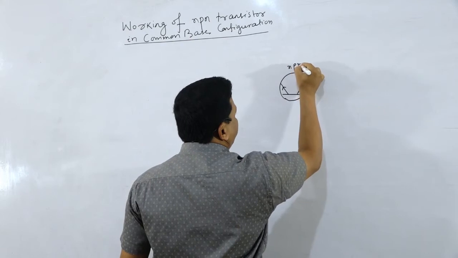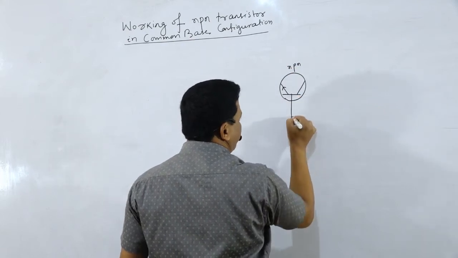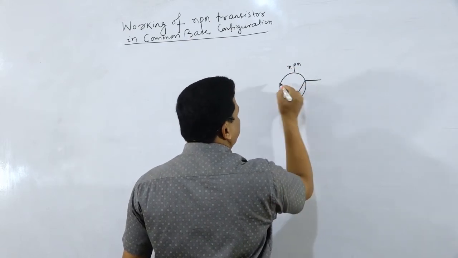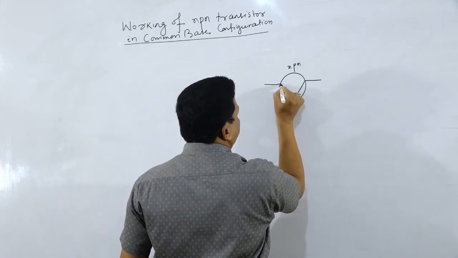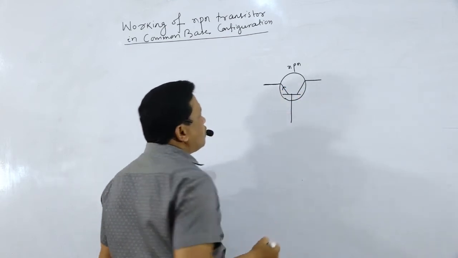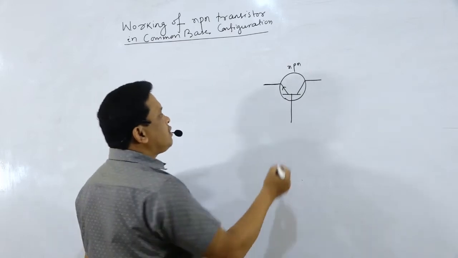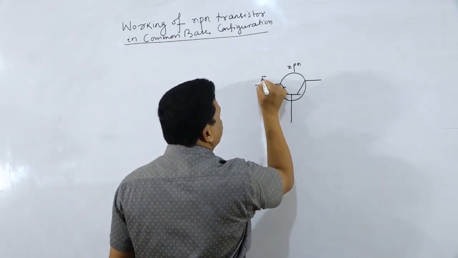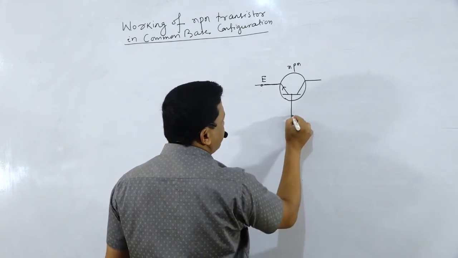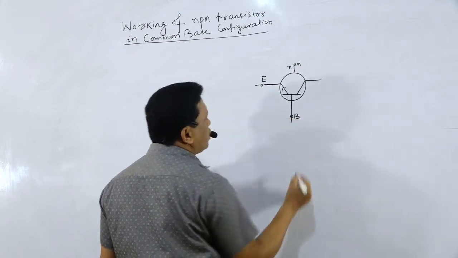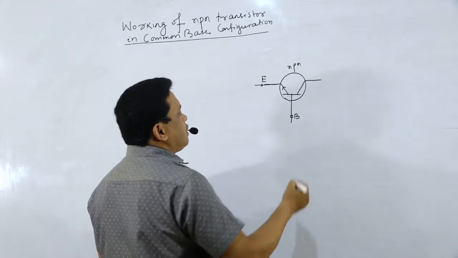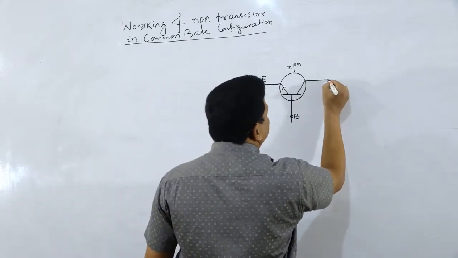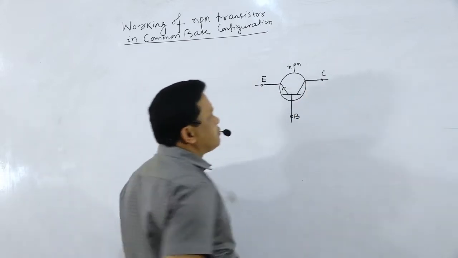So this is an NPN transistor. This one is the emitter terminal, I mark as E. This one is the base terminal. And this one is the collector terminal.